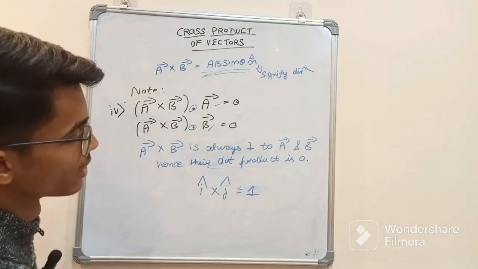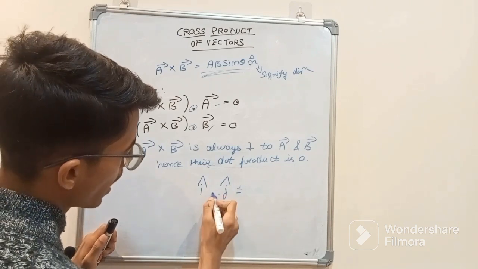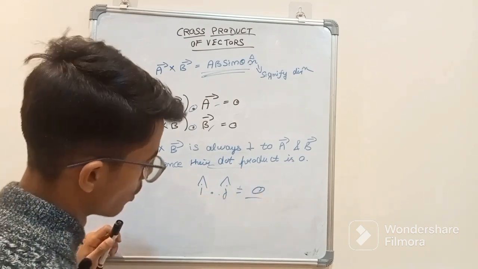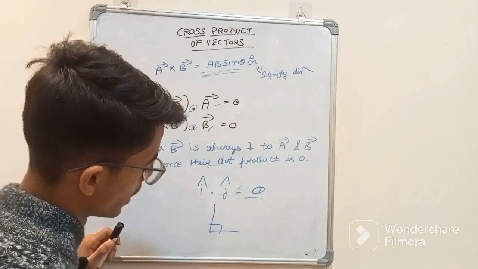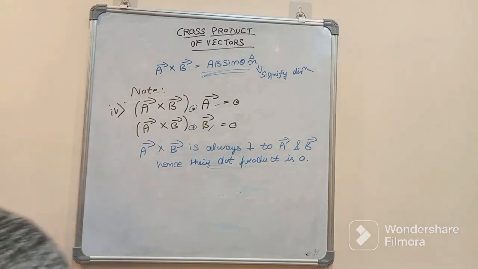It's just the vice versa. Cross product में 1 होता है and in dot product we have 0 because they are mutually perpendicular to each other.